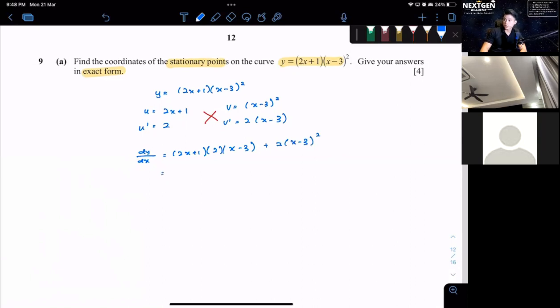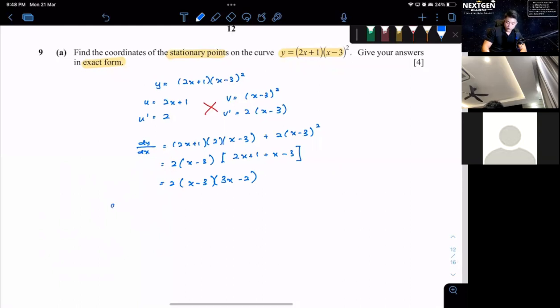Okay, we can factorize it to make it easier to see. So we can write it in this form: x minus 3 bracket, 2x plus 1 plus x minus 3. Okay, so we will get 2 bracket x minus 3, then 3x minus 2. All right.